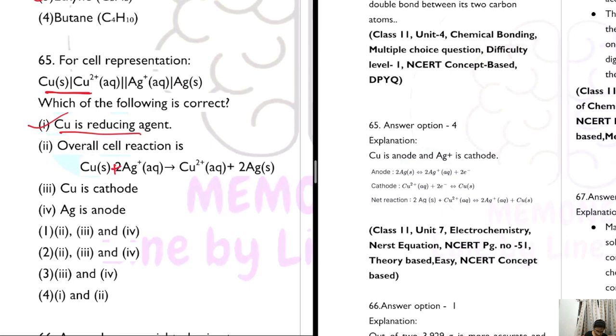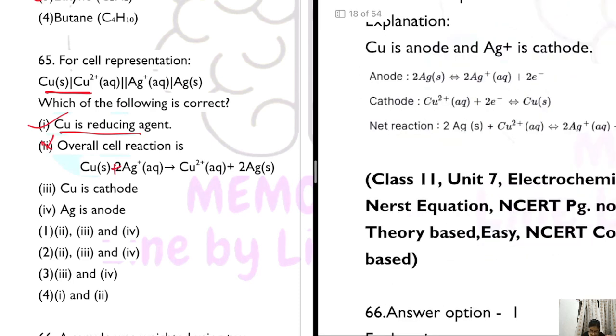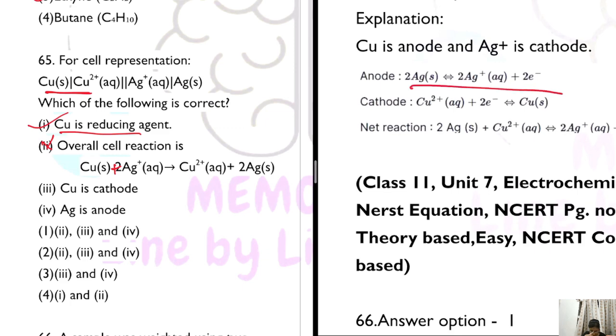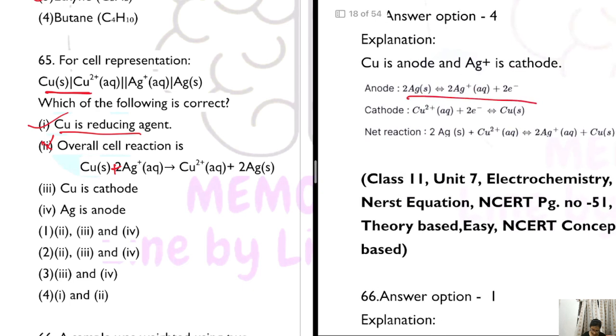Is this correct? At anode, what happens? Oxidation is there. At cathode, reduction is there. So this is the net reaction.